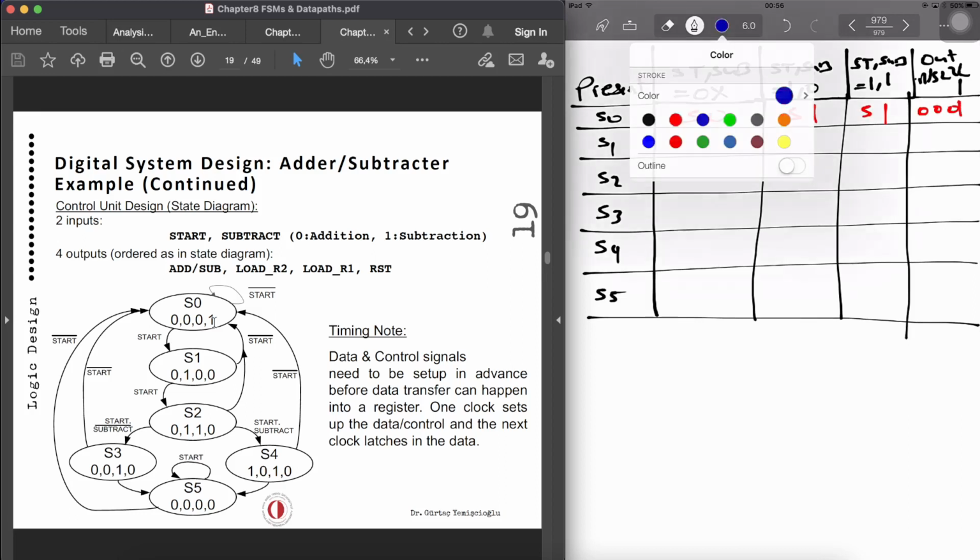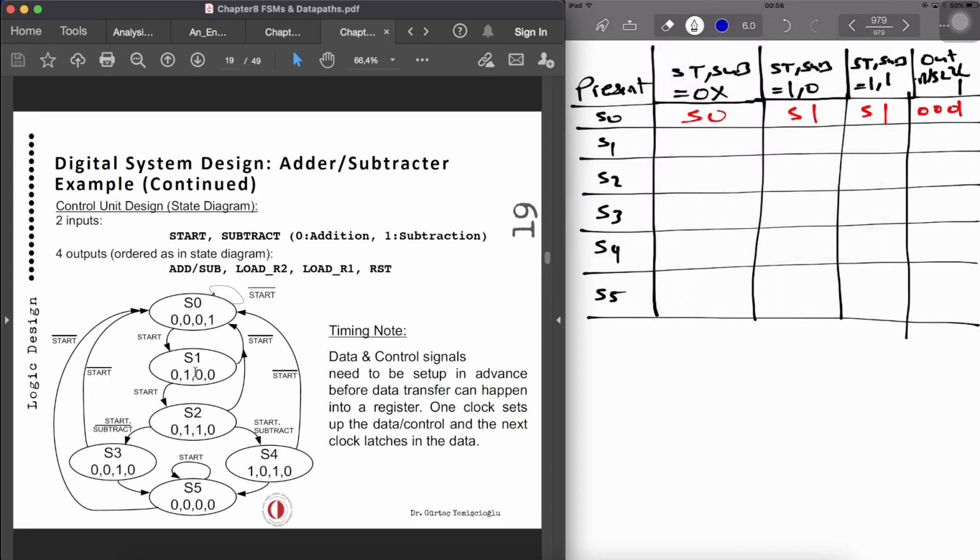The second line, when we are in state 1, if start is deasserted, it goes back to S0. If start is 1, it goes to S2. No matter what the operation is, the next step is S2, and the output is 0100.